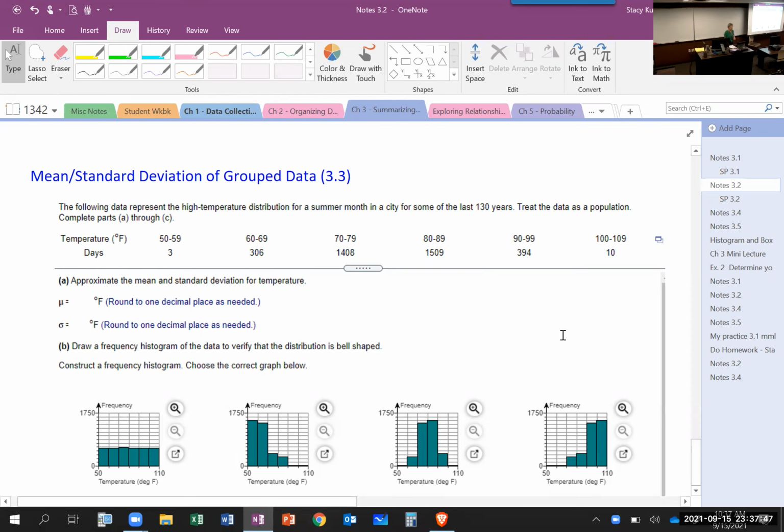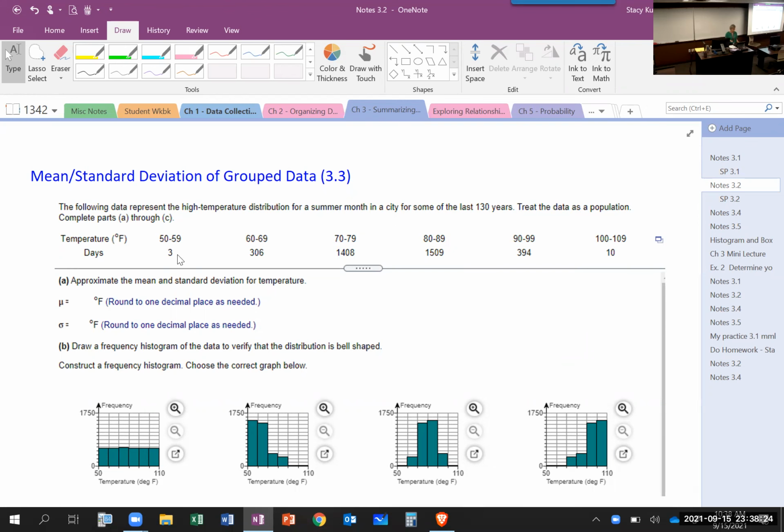It says the data represents the high temperature distribution for the summer months for some city over the last 130 years. And so it's giving you the temperatures in the ranges of 50 to 59, 60 to 69, and so forth. And then the number of days that that city had that particular temperature. So for the last 130 years, this particular city only had 3 days with high temperatures between 50 to 59. Do you see what we're talking about right there?